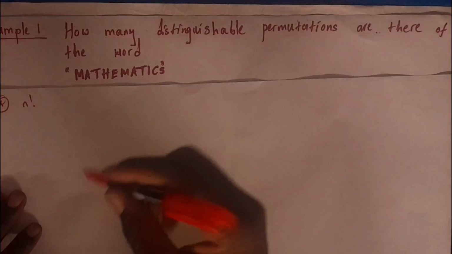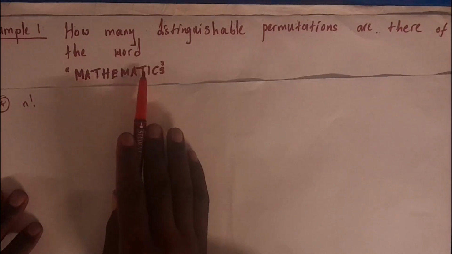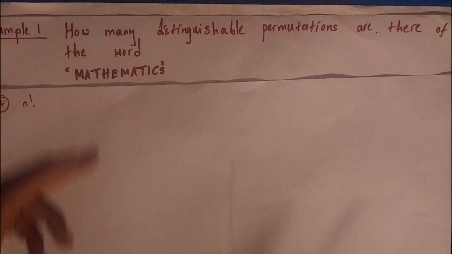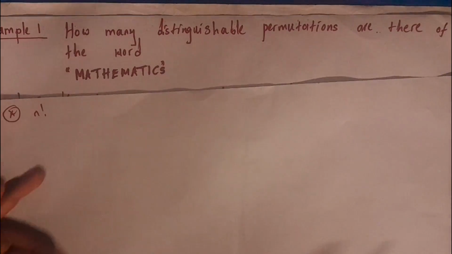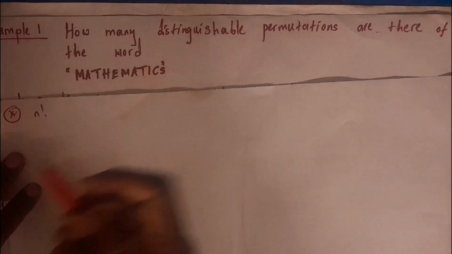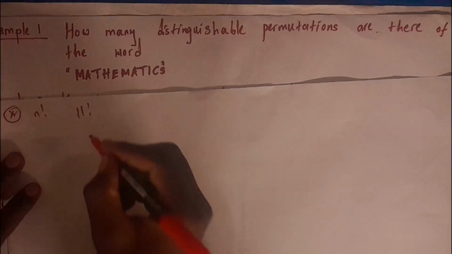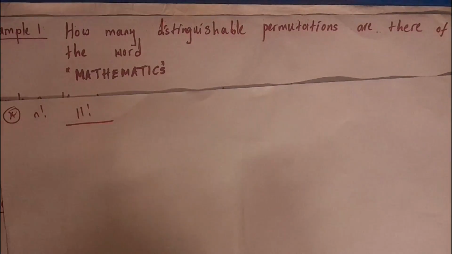If you count these letters, we see that we have 1, 2, 3, 4, 5, 6, 7, 8, 9, 10, 11. So here we have 11 letters. If we arranged these letters in different ways, it would be too long, so we are going to use the formula n factorial. So we're going to say 11 factorial over.